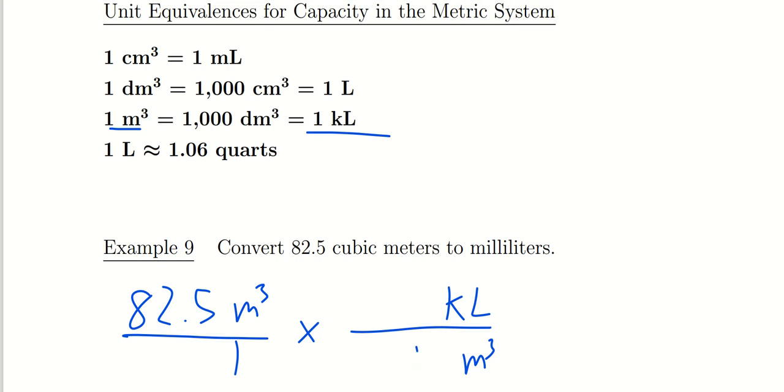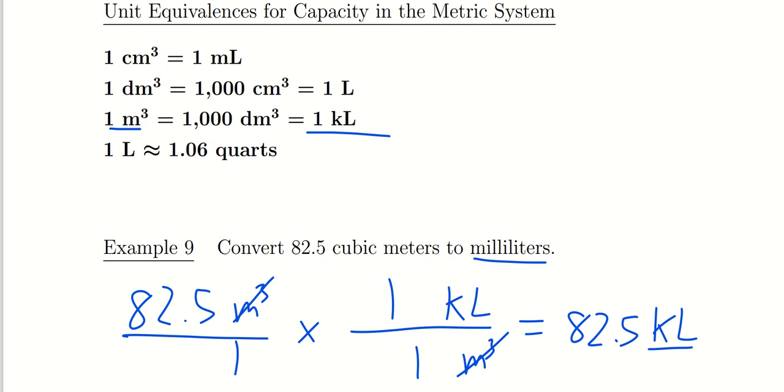I know that 1 cubic meter is the same thing as 1 kiloliter. So it's 1 to 1. The meters cubed cancel. And so we get that this is going to be equal to 82.5 kiloliters. But now we want to change from kilo to milli. And this is going back to our King Henry saying. King Henry died blank drinking chocolate milk.